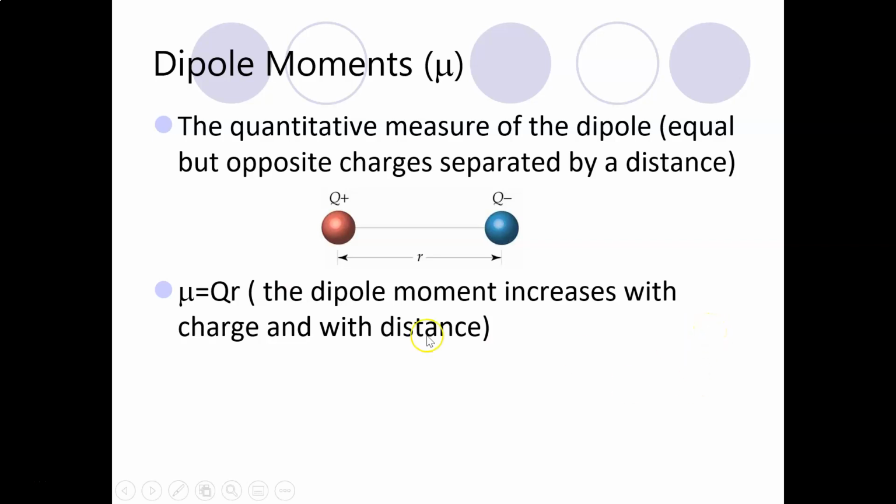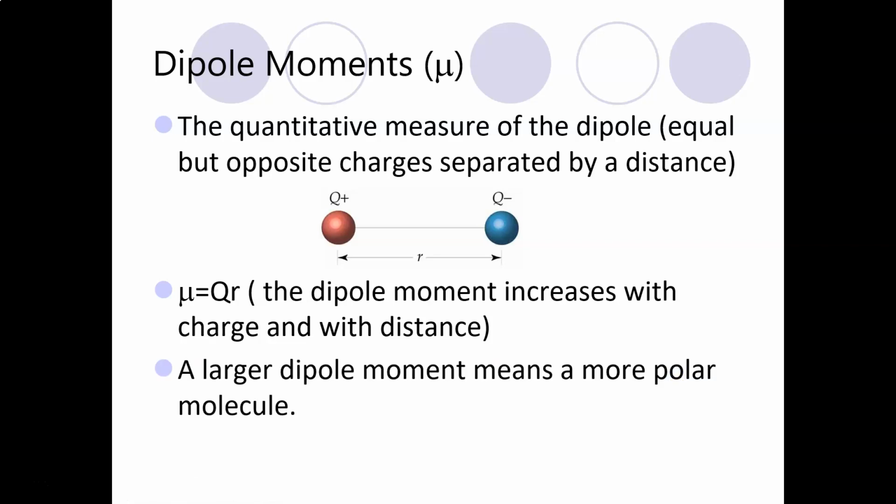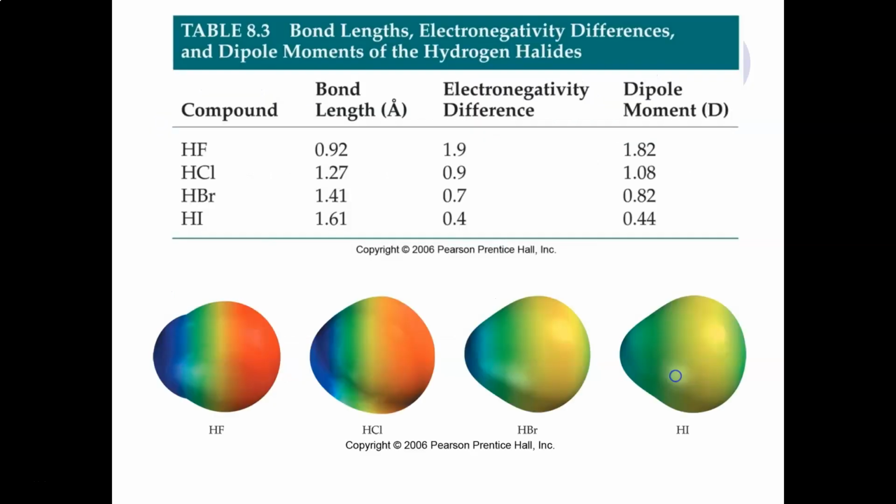But the dipole moment is increased with an increasing radius. Keep that in mind. The farther apart the atoms are, the more dipole moment you have. That's the opposite of Coulomb's law, where the closer they are, the stronger it is, and the further apart they are, the weaker it is. In this case, both the distance between the ions and the charges of the ions themselves, or the electronegativity values, I should say, positively impact the dipole moment. A large dipole moment obviously means that you have a more polar molecule.